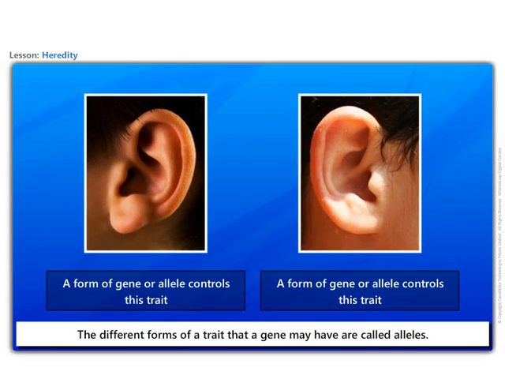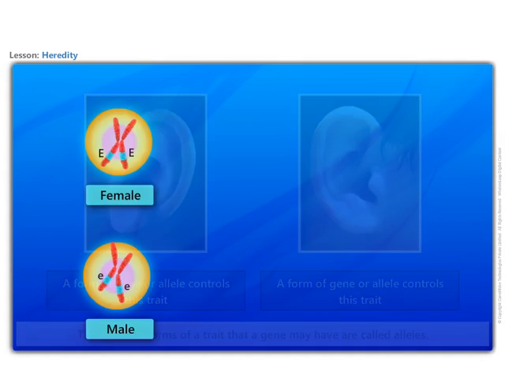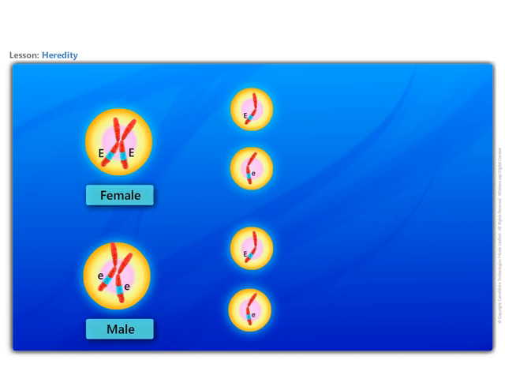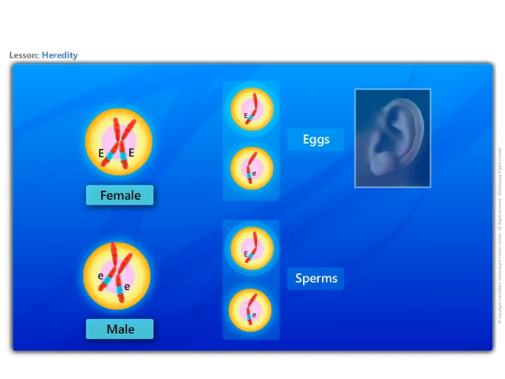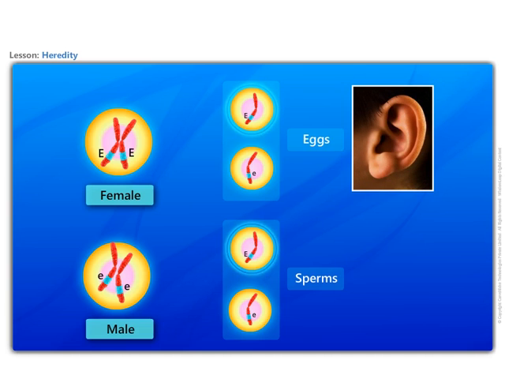The different forms of a trait that a gene may have are called alleles. When a pair of chromosomes separates during meiosis, alleles for each trait also separate into different sex cells. As a result, every sex cell has one allele for each trait. The allele in one sex cell may control one form of the trait, such as having free earlobes.